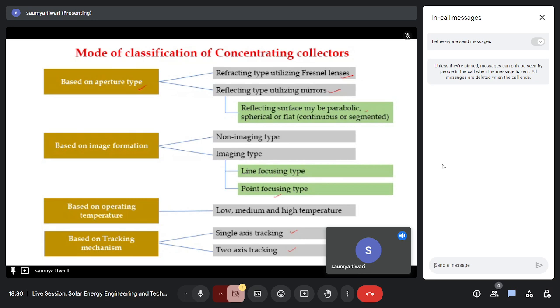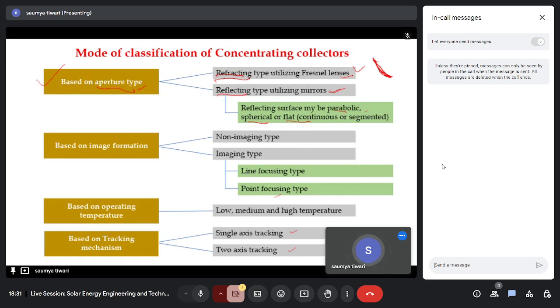Depending on what mode of classification we are talking about, if it is based on the aperture type, your concentrating component could be a refracting type or a reflecting type. An example of the refracting type is the Fresnel lens, and the reflecting type utilizes a mirror. This reflecting surface may be parabolic, spherical, or flat, depending on what application we are going for.